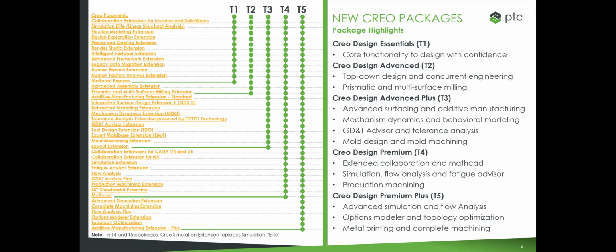Or maybe your subscription has a duration of a month and a half. If you wanted to get that for a month and a half, we would prorate that $4,500 for a month and a half instead of 1 year. Or if you wanted to do something short term for a project, you could do it just for 90 days. So there's a lot of complexity to the pricing, obviously.